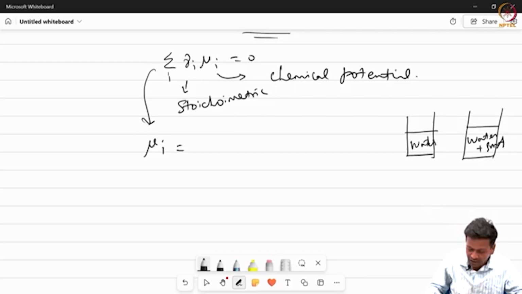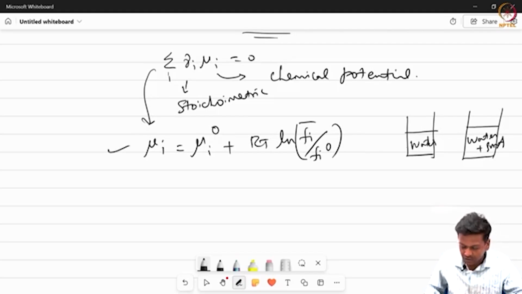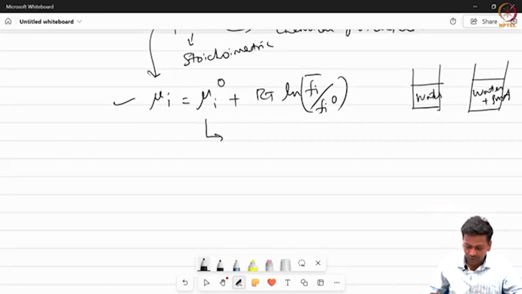This can be denoted as μ_i = μ_i° + RT ln(f̄_i / f_i°). Here μ_i° represents the chemical potential measured at the same temperature for a standard reference state. In this case, it can be a pure substance, which is water.